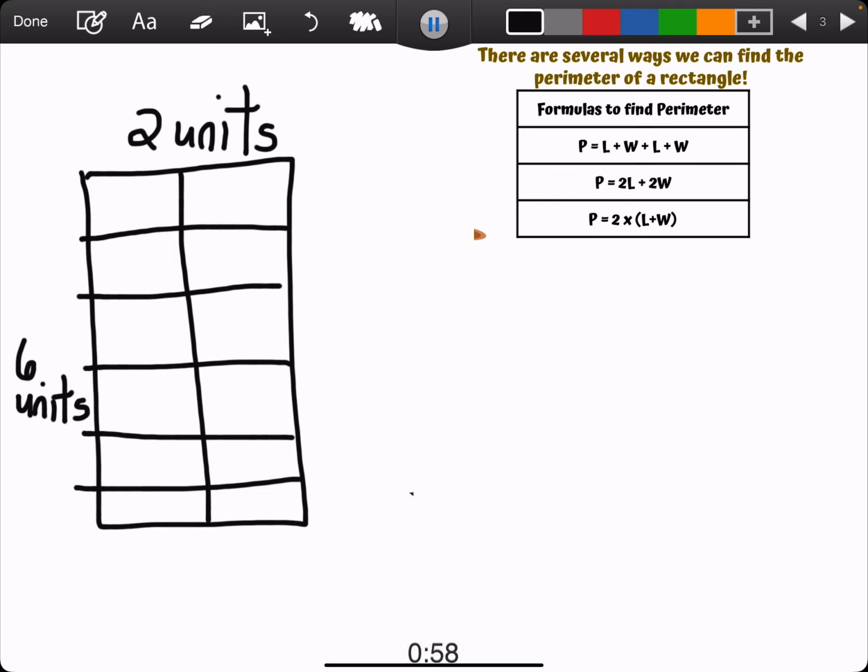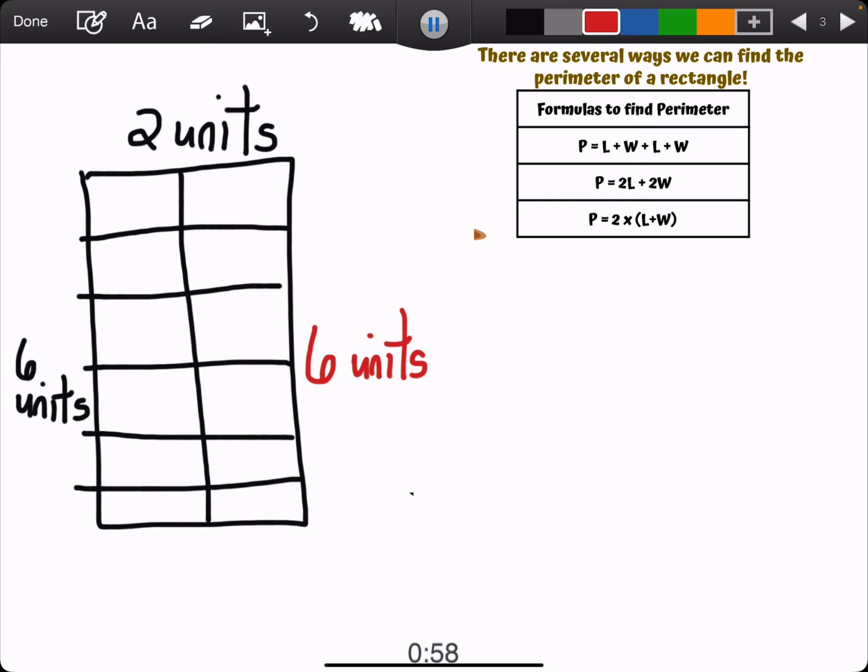But we know that this is a rectangle, and in a rectangle, opposite sides are equal. So if this is 6 units on the left-hand side, this is 6 units on the right-hand side.